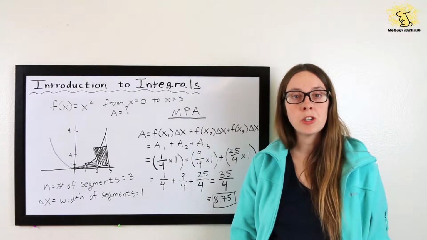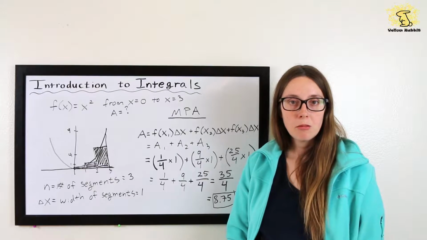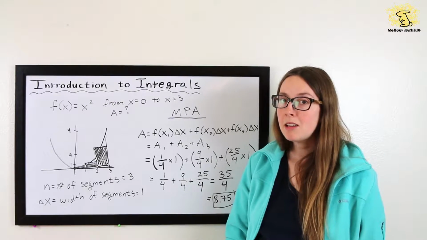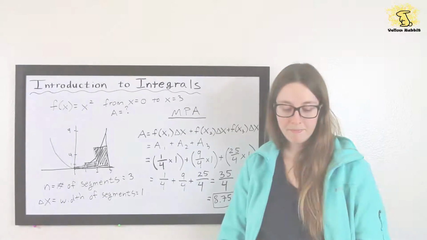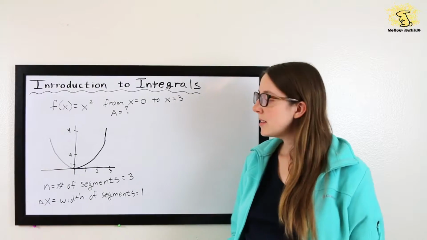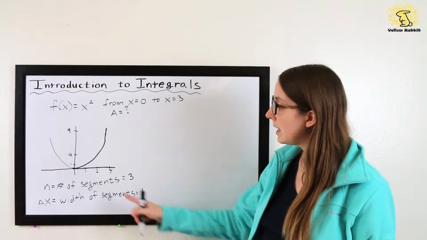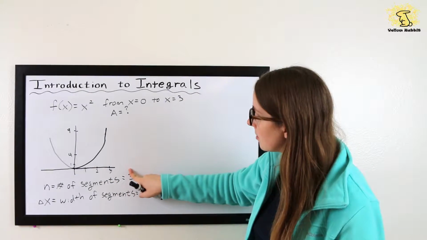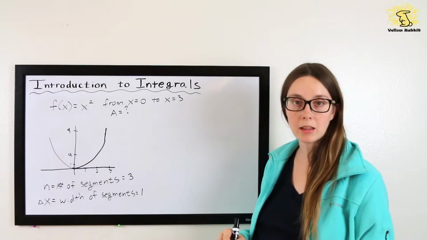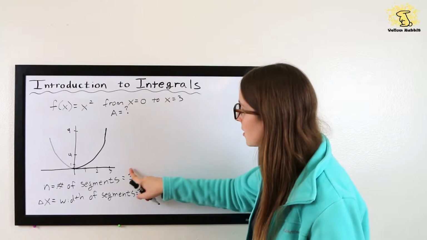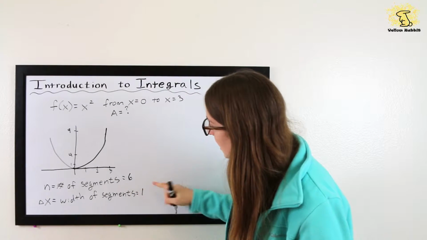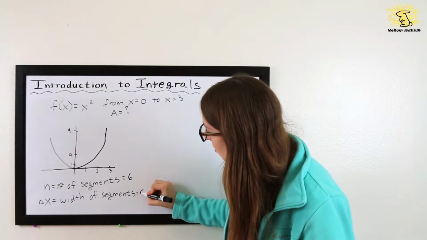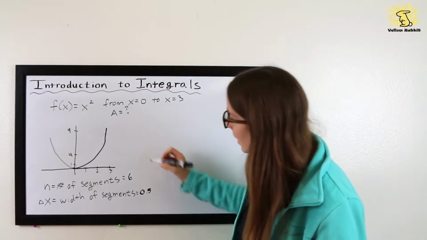So wouldn't it be much better if we could find a way to more exactly or even exactly calculate the area under this curve? We can always improve our estimate by increasing the number of segments, which will therefore decrease the width of each segment. So for instance, we could divide this area into 6 segments, each with width 0.5.